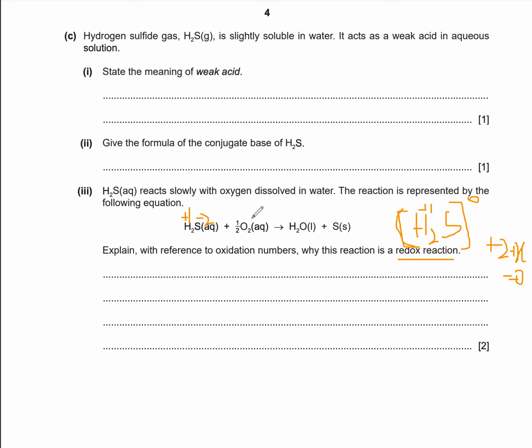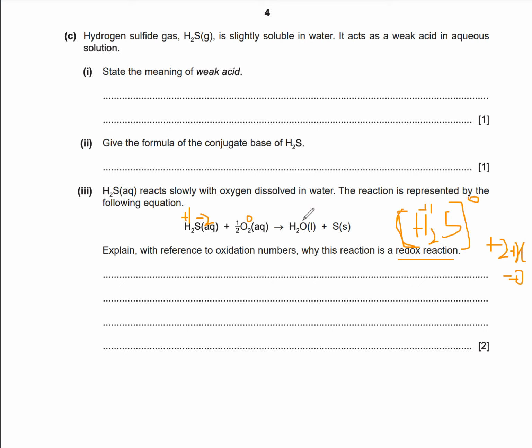Now when we move on to the oxygen, because it's existing independently, it's not bonded with anything, just bonded with another oxygen, not a different atom, so it would be 0 over here. Let's move on to the other one.